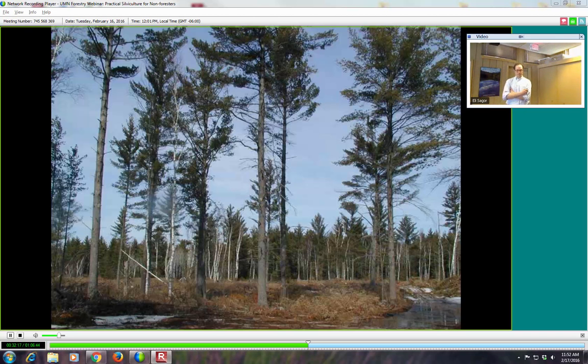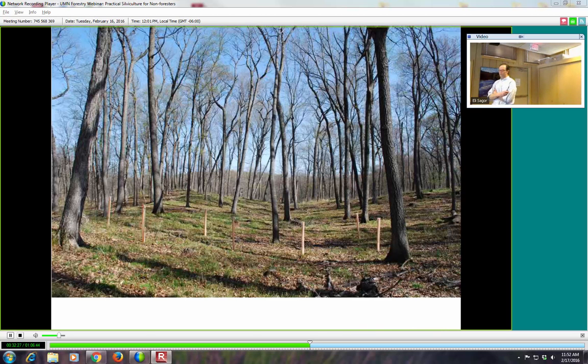This is a picture from St. Louis County of a shelterwood treatment applied in a white pine stand and designed to favor white pine regeneration. And I mentioned Tom Kroll and the St. John's University Arboretum. This picture I think was taken in 2007, 2008. I haven't been back to revisit this stand since then, and I hope to get back there before too long.